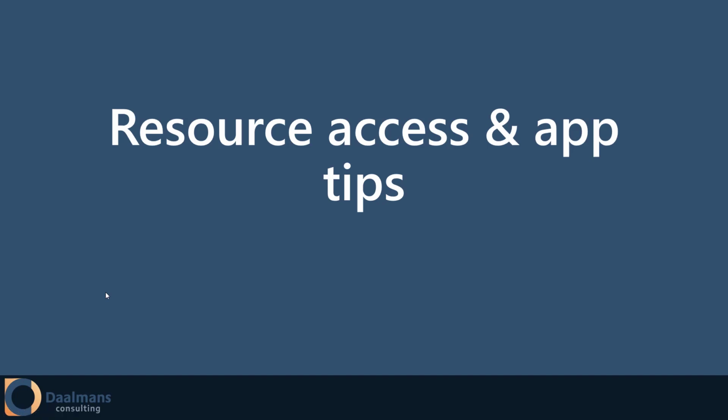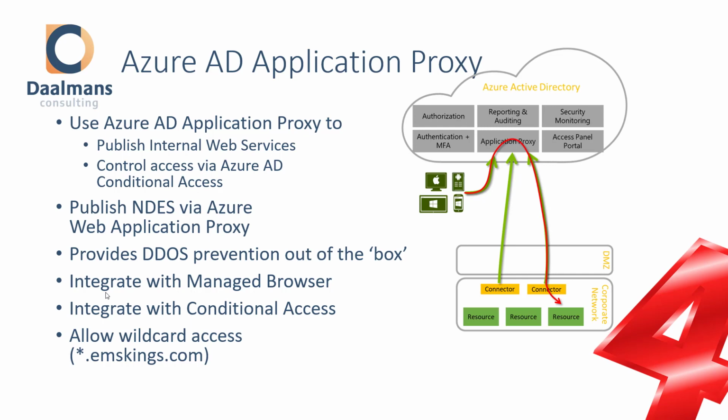So, resource app and app tips. Tip 4 is basically around publishing internal resources. With the Azure AD Application Proxy, you're able to publish internal resources without needing to expose your internal web services to the outside by using an internal proxy server.